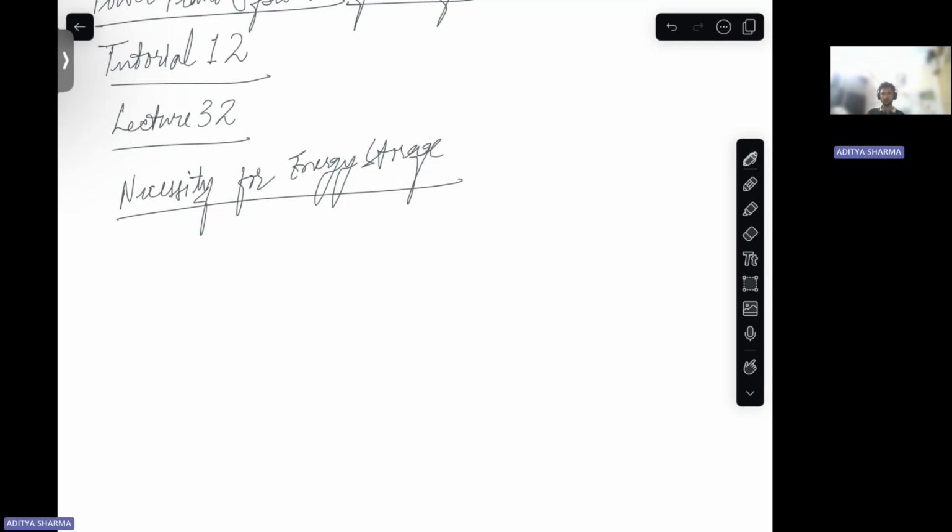So there are fluctuations in demand. If we are running our power plant at some specific load and the demand is higher than that, you won't be able to satisfy that need.